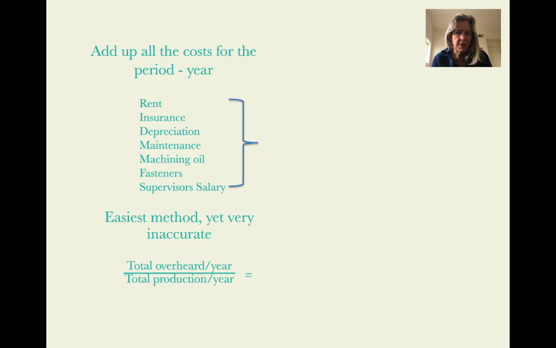And then the easiest method we've used is allocation based on production. So we take the total overhead per year and we divide it by the production per year, and that gives us a dollar per unit overhead. Now, there are other methods that companies use that we're not going to really cover in this class, but just know that there are other methods of allocating overhead.